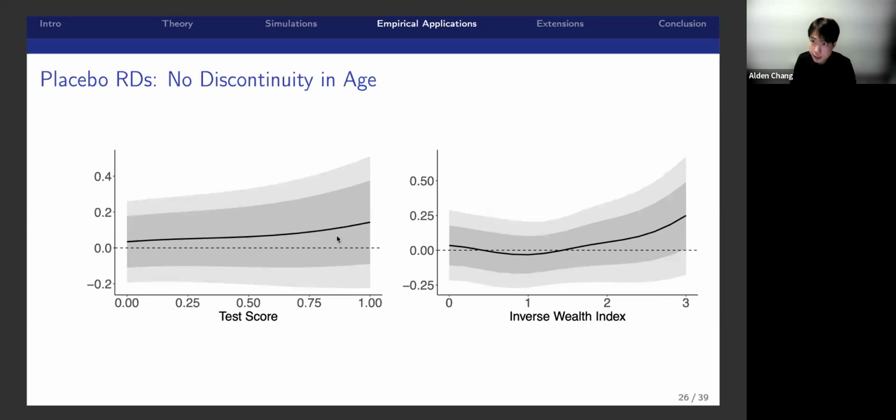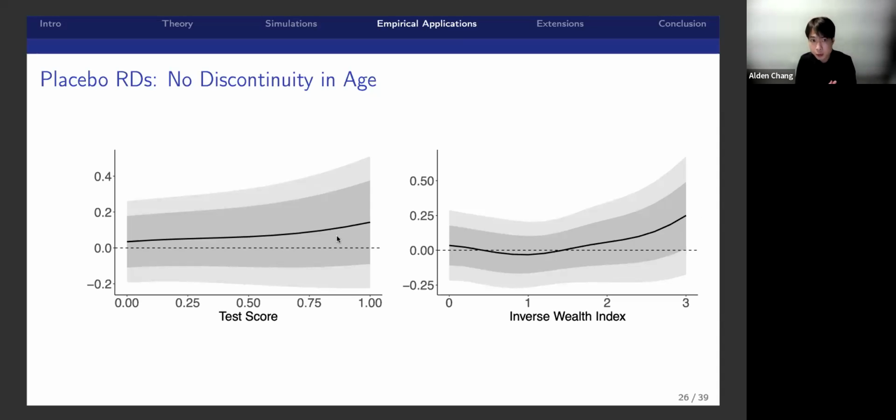Okay, so that's the first test. The second test is to conduct placebo RDs. Recall that we are basically estimating an MRD design with a predetermined characteristic as the, quote-unquote, placebo outcome. Again, if students are not able to precisely manipulate the running variable and sort to the exact side of the threshold that they want, we should see that there are no treatment effects when we use these placebo outcomes.